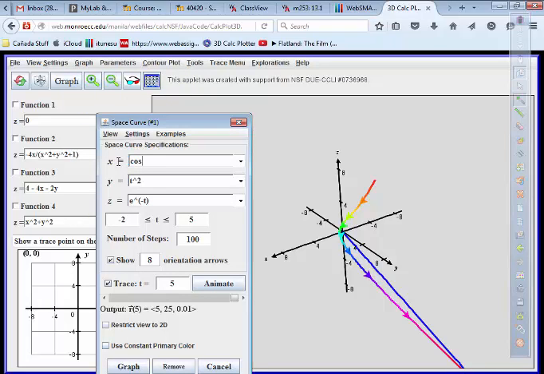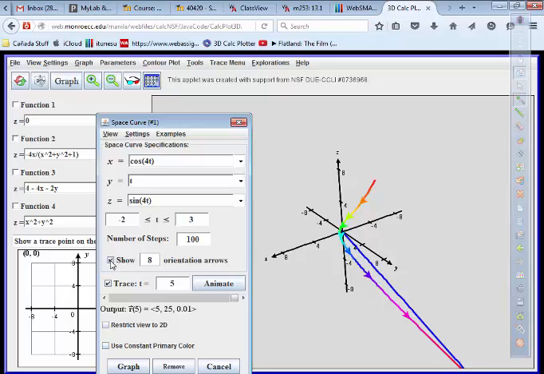And this is cosine of 4t, was it? Yeah, the original, cosine 4t, y equals sine. And then let's go from, let's say, negative 2. 2 pi is probably too big, so let's just go to pi, like 3.1.